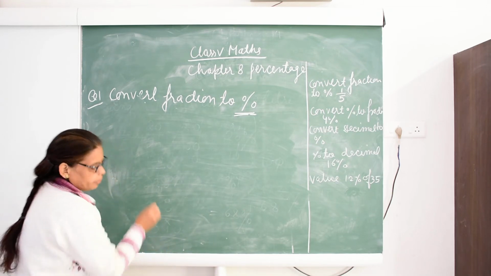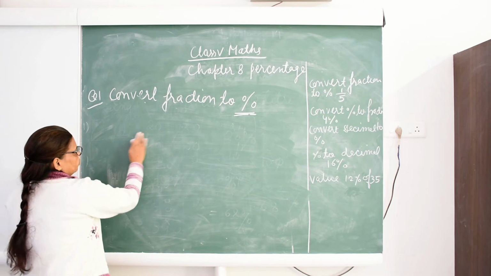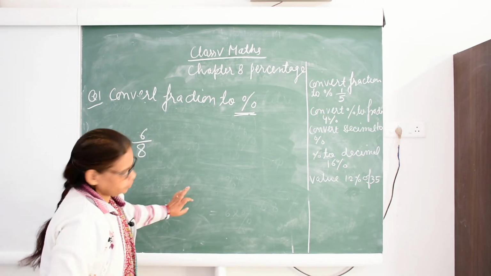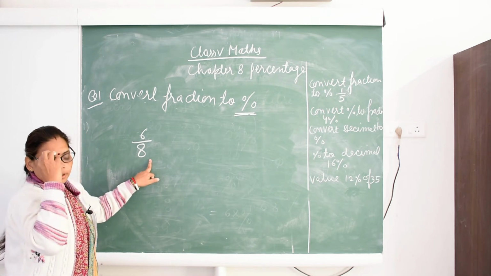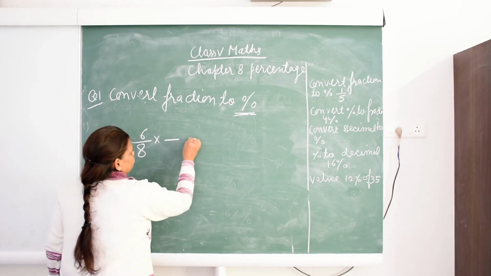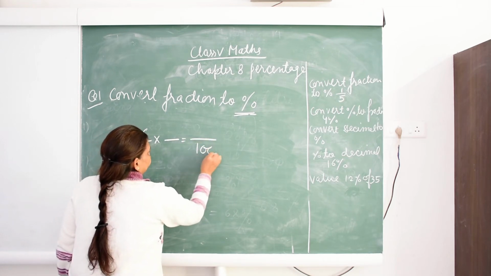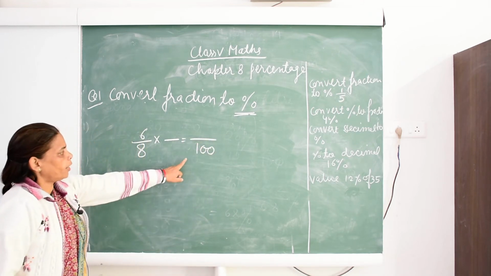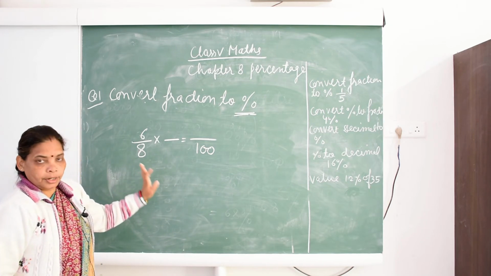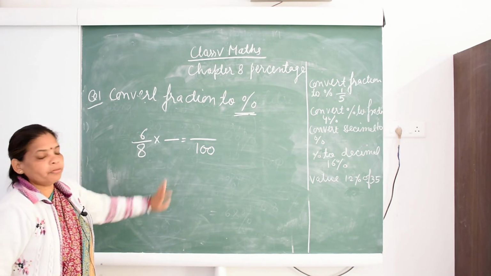Now one more example, 6 upon 8. Here you can make the denominator 100. But 100 is not exactly divisible by 8. It comes in the form of a decimal.